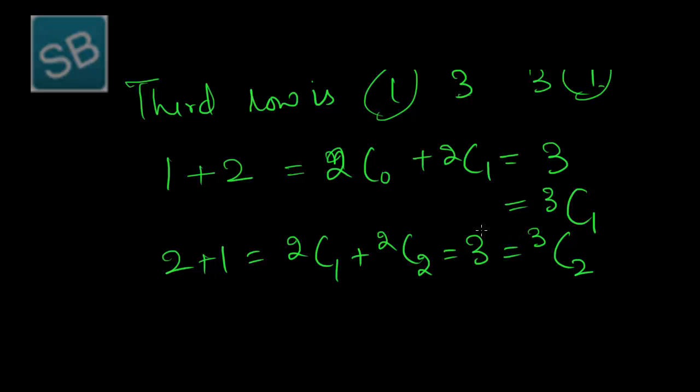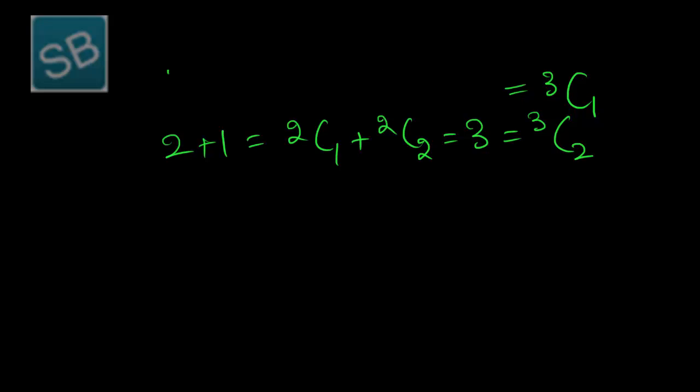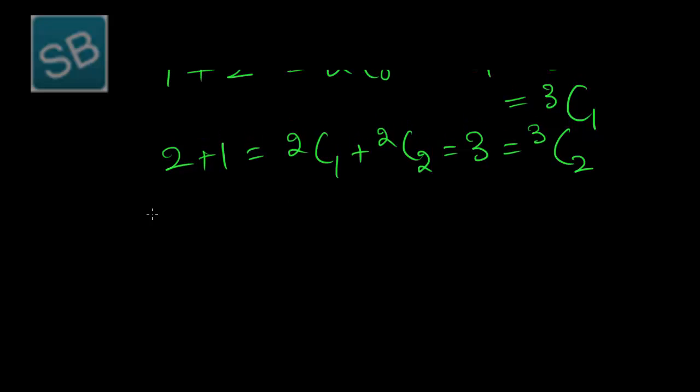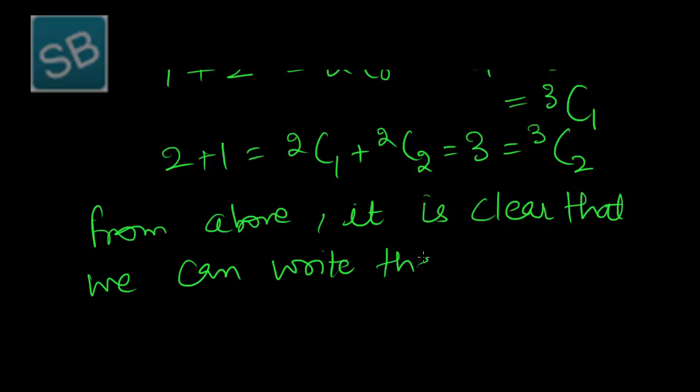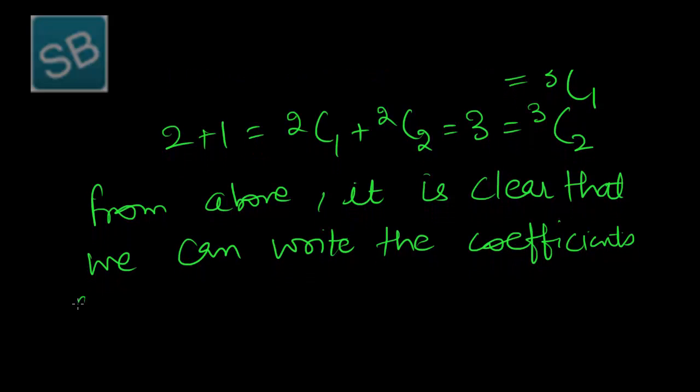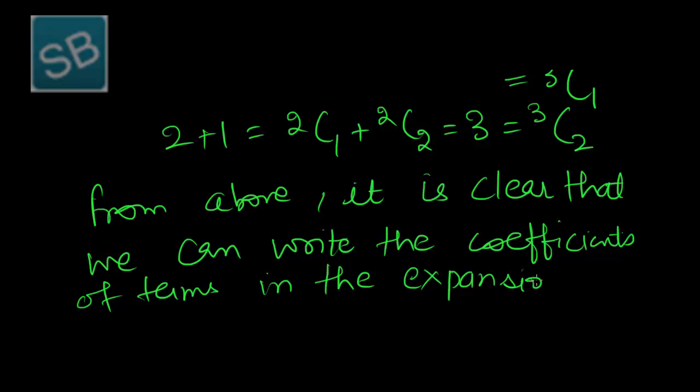So by using the above criteria, we get the Pascal triangle in the combination coefficients. From the above array, it is clear that we can write the coefficients of terms in the expansion of a plus b raised to power n.